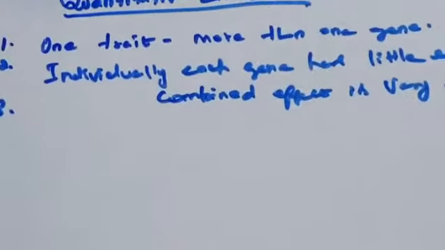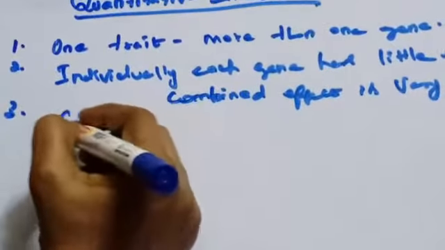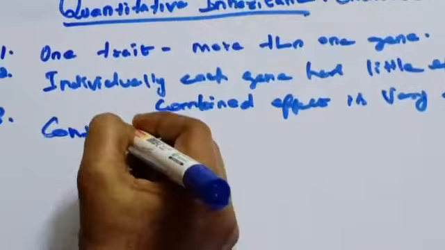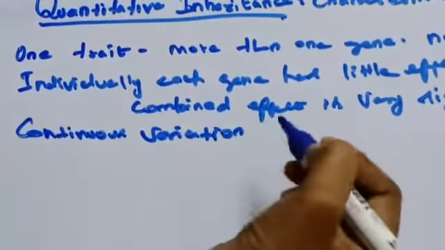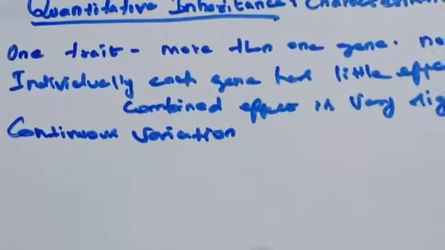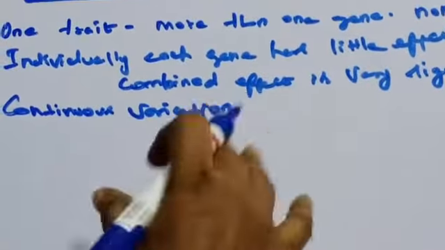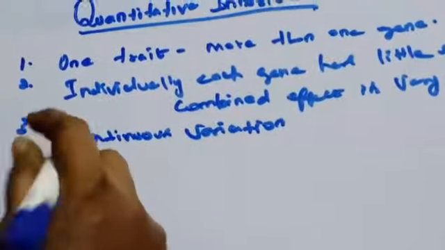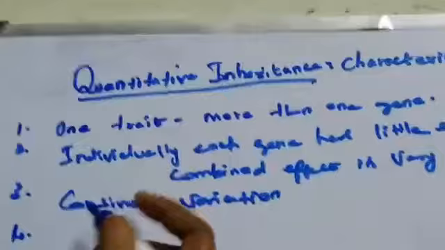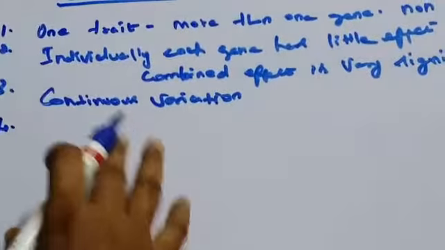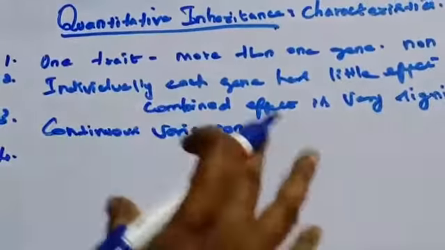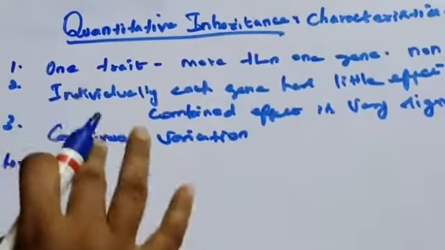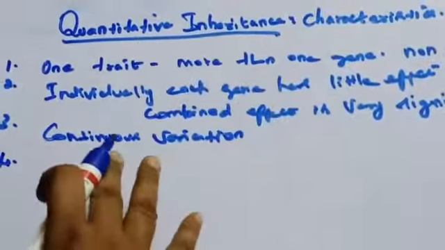Then the third character is continuous variations are produced. Continuous variations are produced by the combined effect of many genes and also the environmental factors. Then the fourth one is each gene has a certain amount of effect. The more the number of dominant genes, the more the characters are produced.